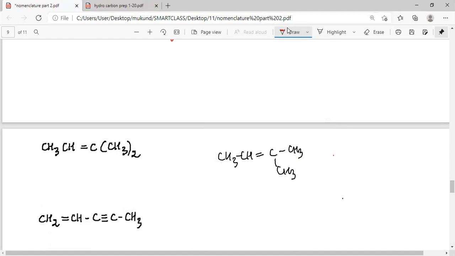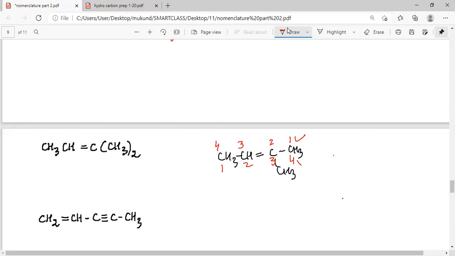So here this carbon, if we write it this way, 1, 2, 3 and 4, or we can use 1, 2, 3 and 4. So if we use this method, we will have the double bond on the second carbon as well as the methyl group also on the second carbon.